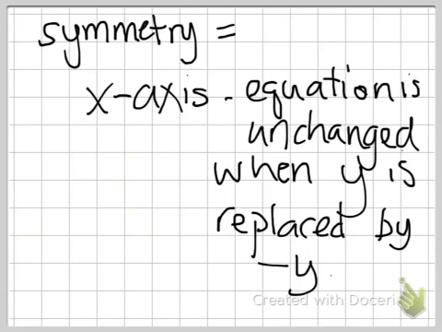Symmetry with respect to the x-axis is when the equation is unchanged when y is replaced by negative y. That makes it like a mirror image. The graph is unchanged when reflected in the x-axis.